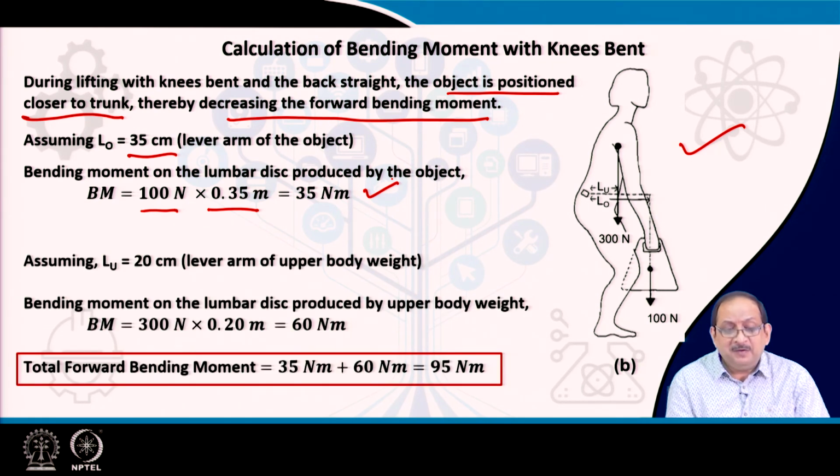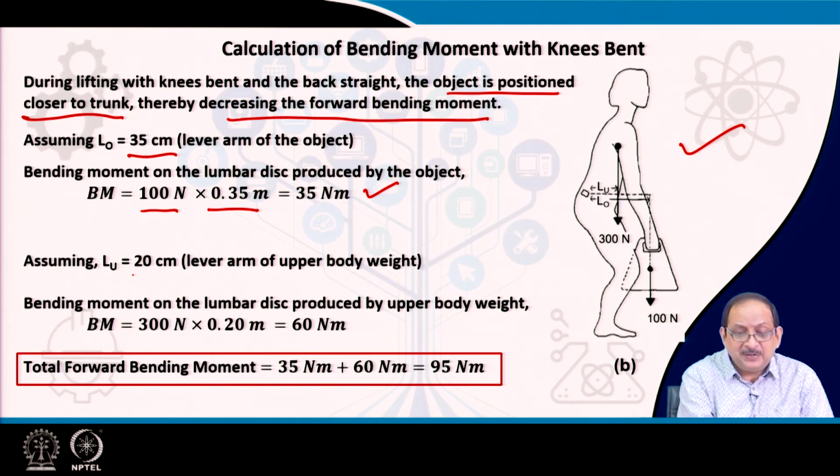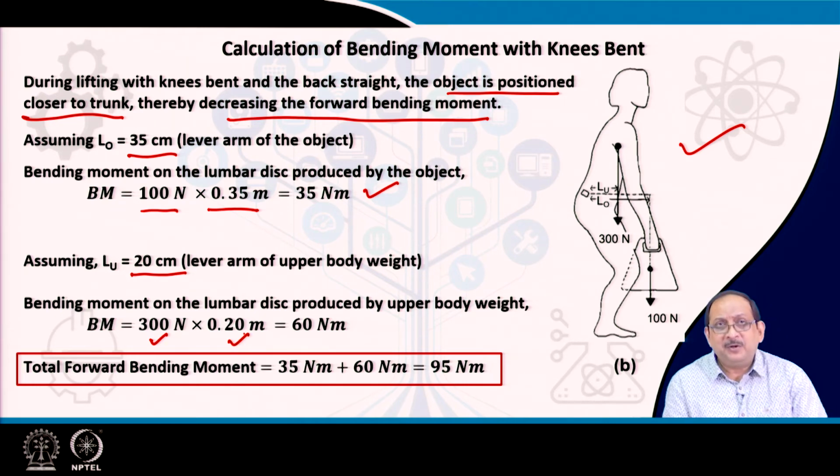Assuming the lever arm of the upper part of the body as 20 centimeter, the bending moment on the lumbar disc produced by the upper part of the body is 300 Newton multiplied by 0.20 meters, that is 60 Newton meter.